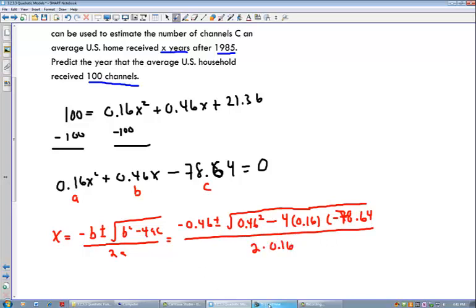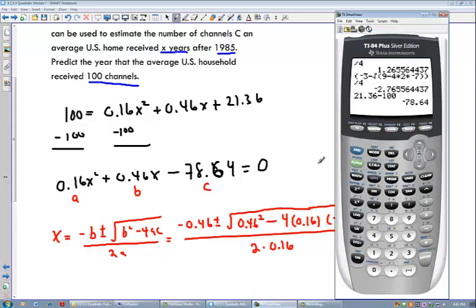And you want to put this into your calculator to crunch this number. So let's take a look and see what we have.